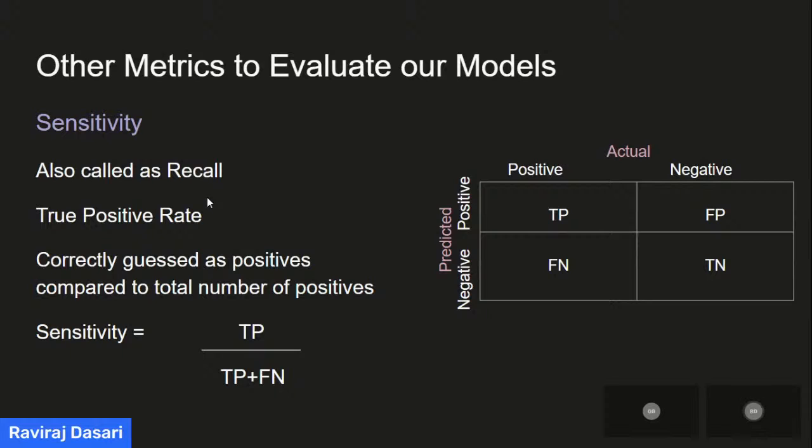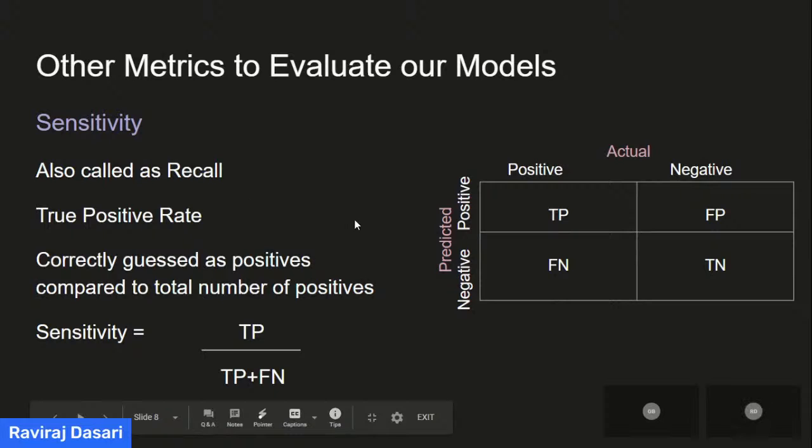If a patient visits a doctor and he has cancer, and the doctor says he has cancer, that is the sensitivity of the doctor, right? He's telling a positive cancer person that he's positive. If he says you don't have cancer, that doctor will have less sensitivity. I'll explain this sensitivity again in the notebook.